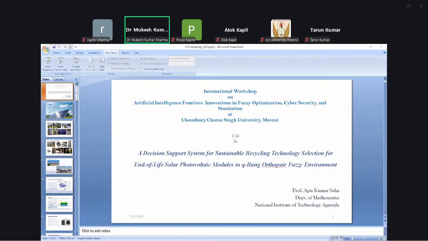First we need to aggregate them. Then there will be a matrix of Pij, Qij, where M stands for the number of alternatives and N stands for the number of criteria. How many alternatives are there? We have 10. And how many criteria? 12. So we will get a 12 by 10 matrix.